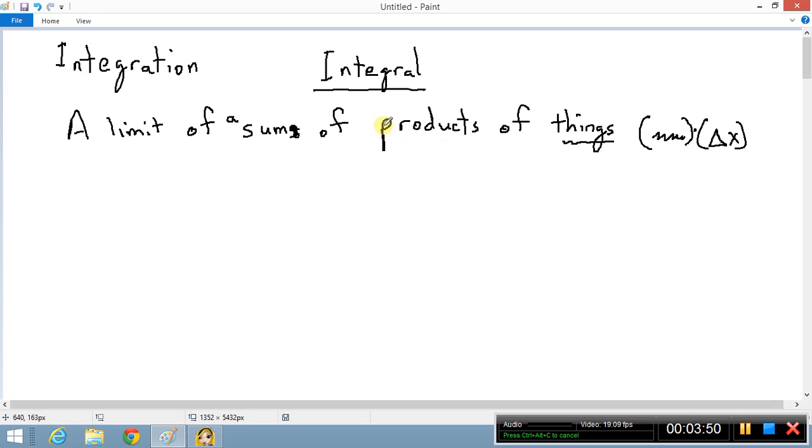So, what is an integral? It is a limit of a sum of products that you obtain by multiplying things together, one of which could be just about anything, and the second of which is always a delta x.